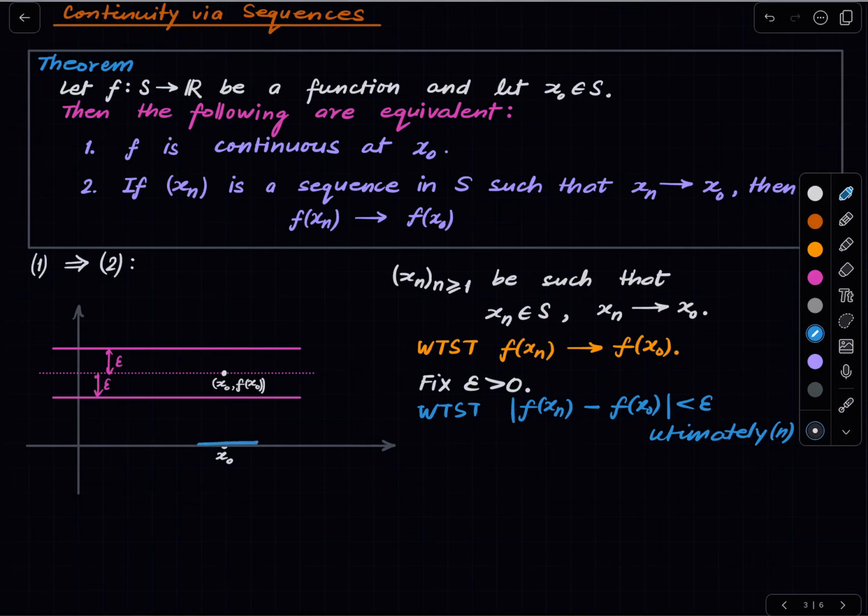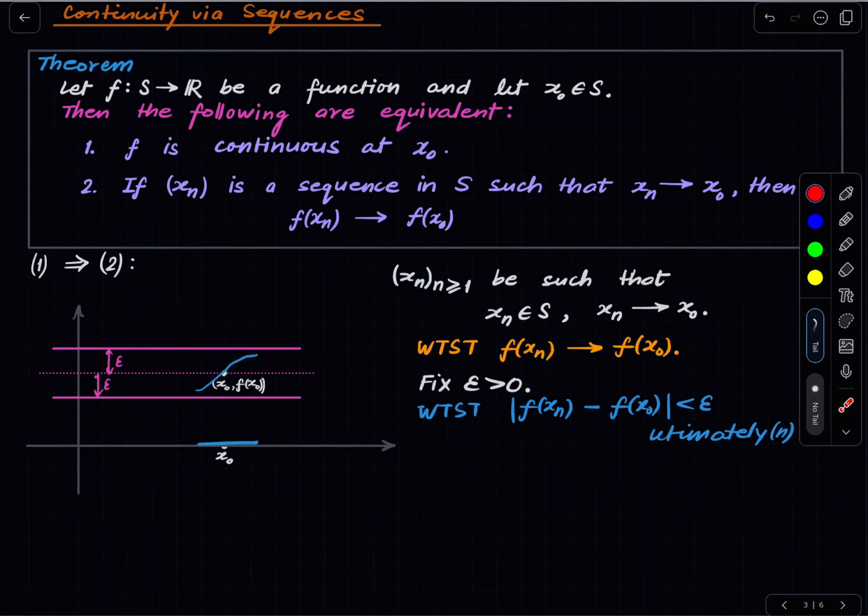Outside the delta neighborhood, the function may fly off, but within this delta neighborhood, the function respects this epsilon band, meaning all the points in this graph are in the epsilon band.